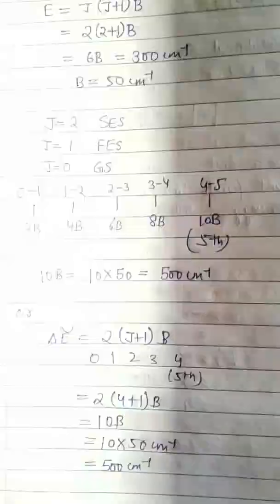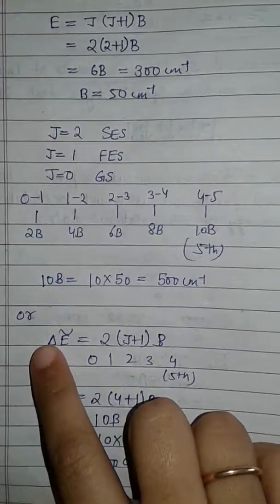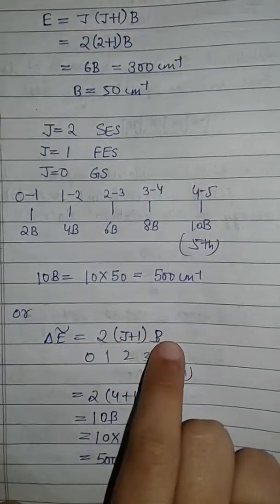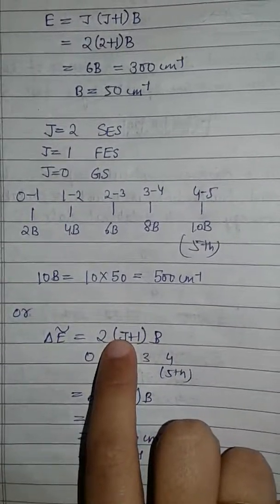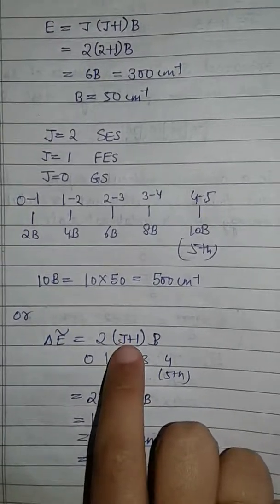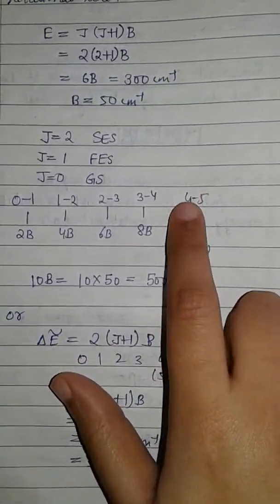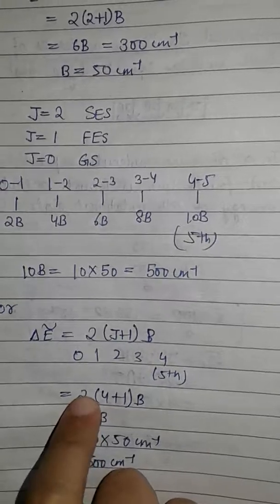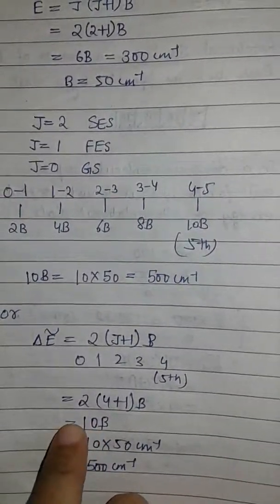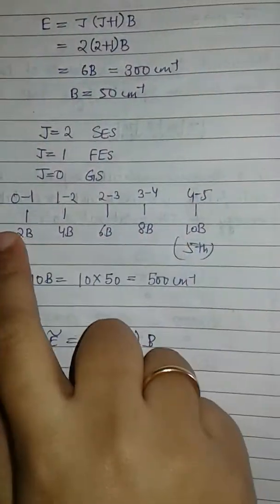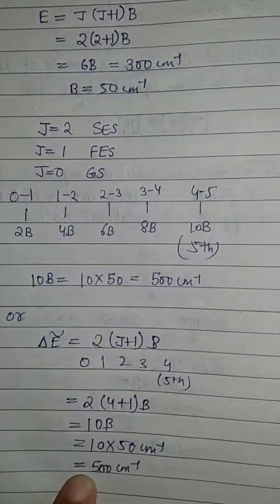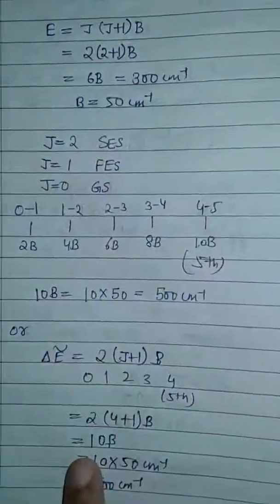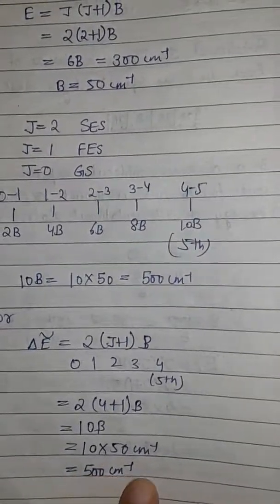Or you can use the formula delta E equals 2 into J plus 1 B, where J is the quantum number of the lower state, that is 4 for the fifth rotational line. So 2 into 4 plus 1 B will also come as 10B. So 10 into 50 centimeter inverse, which will be 500 centimeter inverse.